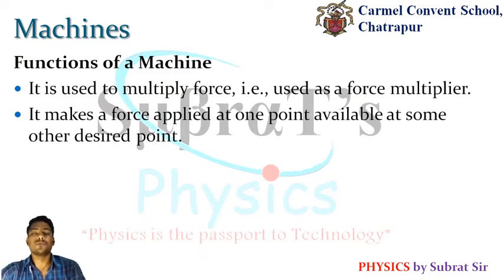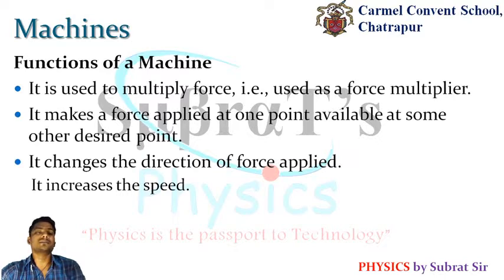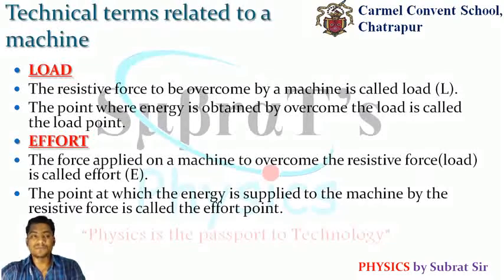Then it makes a force applied at one point available at some other desired point. Okay, by machines we can apply a force at some point, but that force can be available at any other point. Okay, then the third one is it changes the direction of force applied. Okay, and it increases the speed. So these are some functions of simple machines.